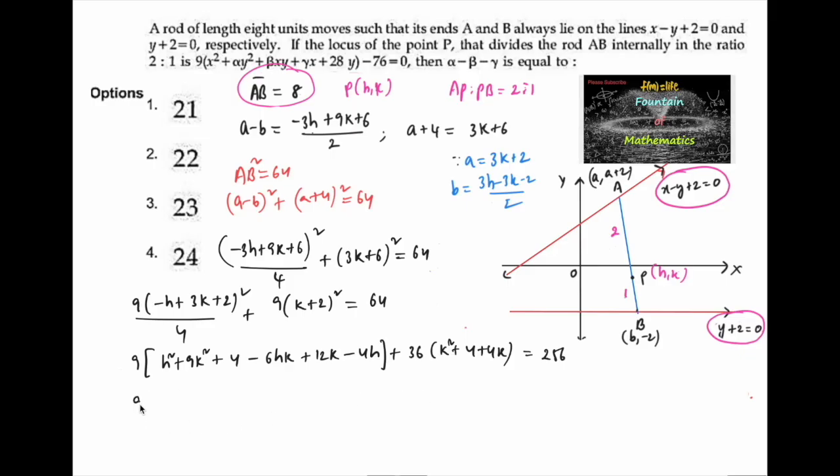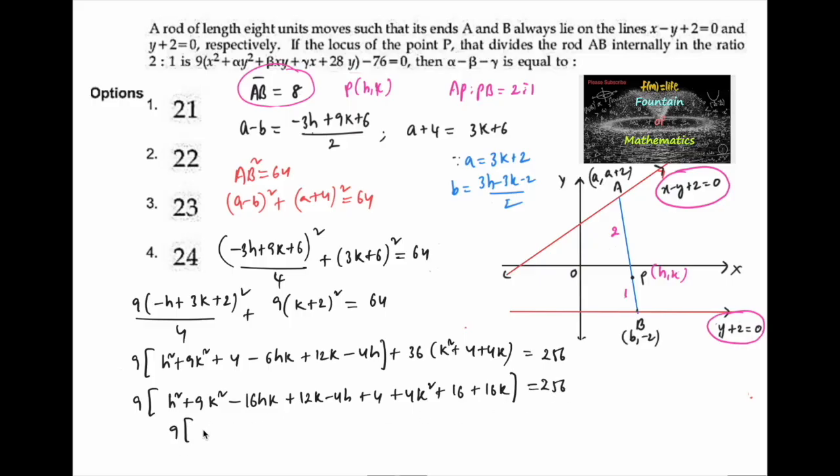So here 9 we can take overall common: h² plus 9k² minus 16hk plus 12k minus 4h plus 4, and again here plus 4 times of k² plus 4, 4 4s are 16, and again here 4 4s are 16k is equal to 256.